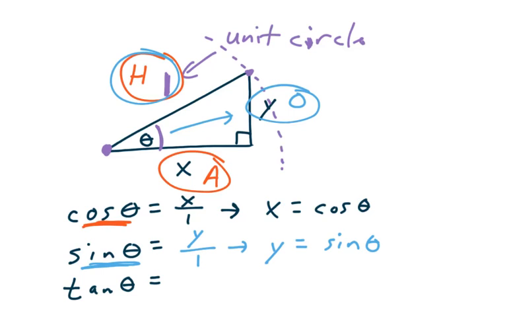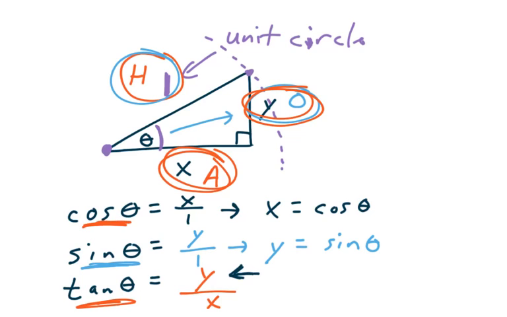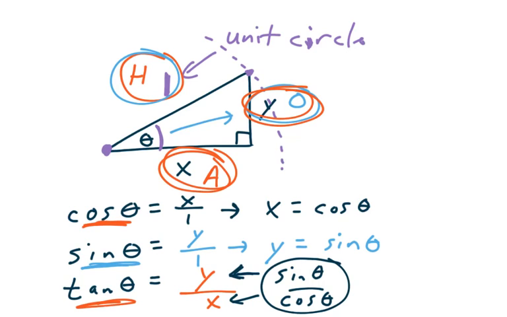And then finally, if we try tangent theta, isn't tangent by definition the opposite side, which in this case is y, over the adjacent side, which is x? And if we know that y is really, in the unit circle at least, sine of theta, and x is equivalent to cosine of theta, here is where we come up with that identity that you may have just been told but never understood before.